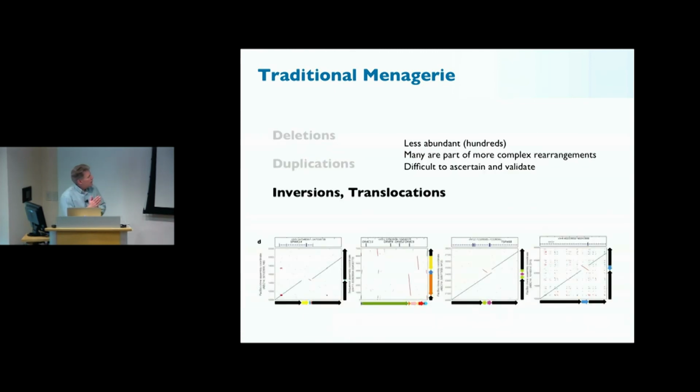So one of the things that we've learned about inversions and translocations is that in a textbook way, we kind of want to have this simple model that an inversion is 1 piece of DNA that's flipped around in place in somebody's genome. But that actually turns out to be very rare. Most of the time you find an inverted sequence, you find some other structural change going on at the same time.